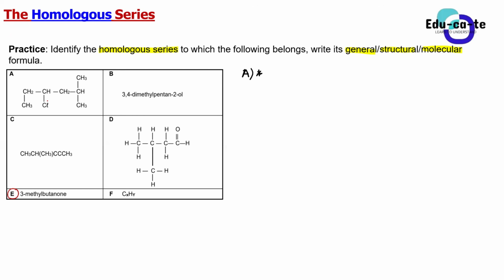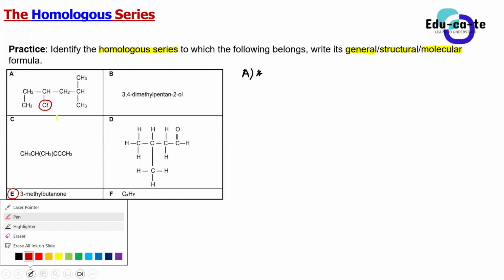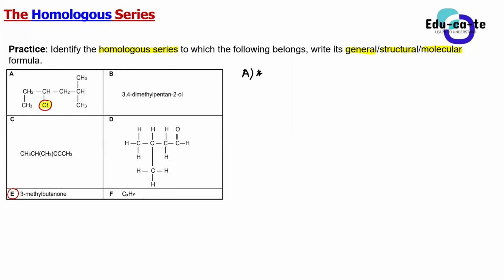Yes, guys, when there's a presence of a halogen, remember, the halogen elements are the elements found in group 7 on the periodic table, such as chlorine, fluorine, iodine, as well as bromine. The fact that compound A has the presence of a halogen, in this case Cl, already tells you that this is a haloalkane. So basically, the halogen is the functional group for the haloalkane.